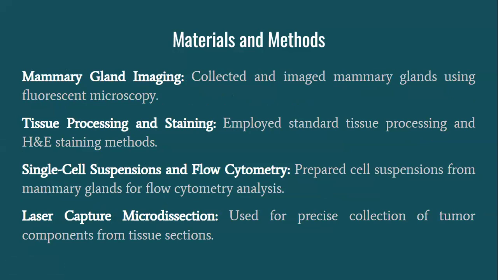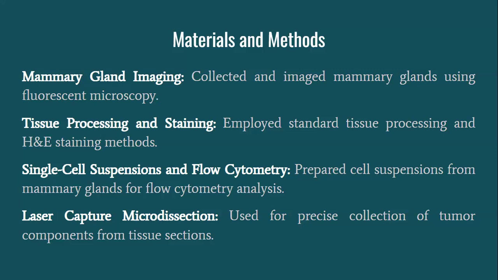Afterwards, single cell suspensions and flow cytometry were made, and these cell suspensions were made from mammary glands for the flow cytometry analysis. As we know, flow cytometry is a process where the cell numbers and cell sizes can be determined using this technique.